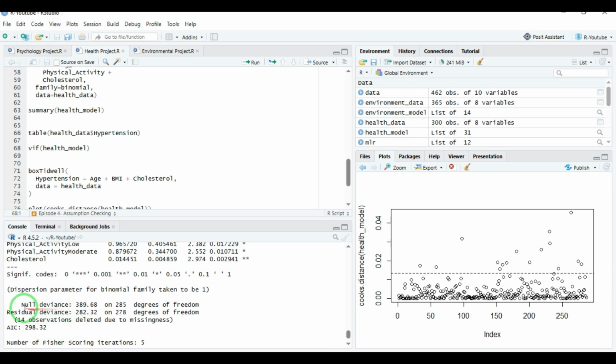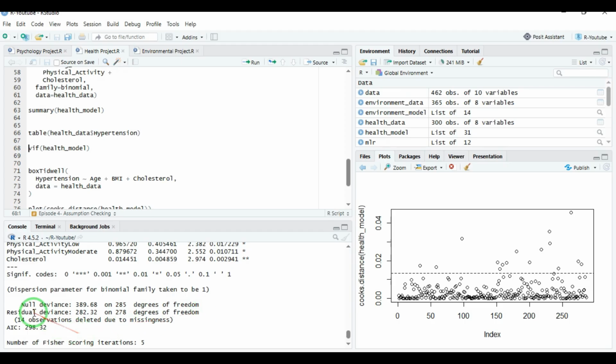Now look at the model deviance. The null deviance is 389.68, while the residual deviance is 282.32. So how do we interpret this? In statistics, deviance is a goodness of fit statistic for a statistical model. So we often use deviance in statistical hypothesis testing.